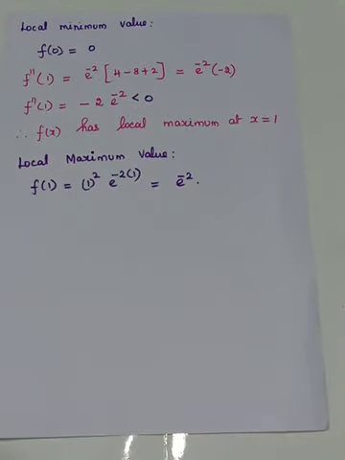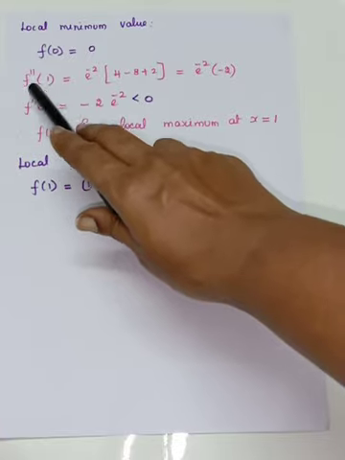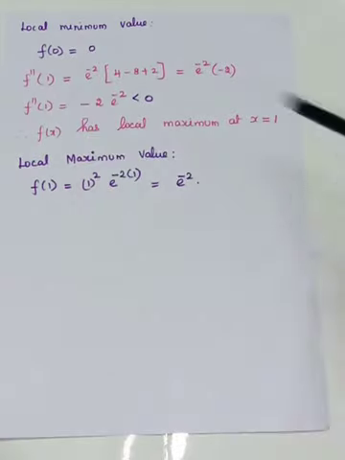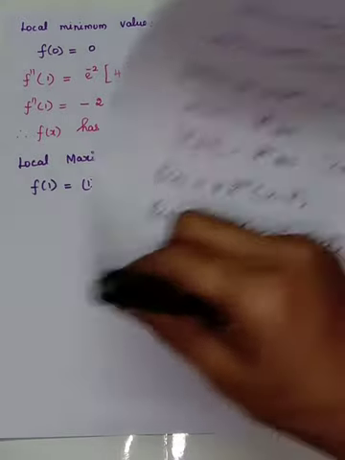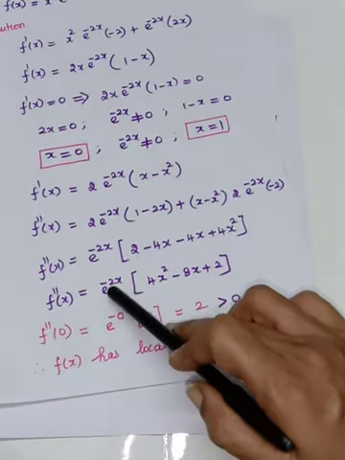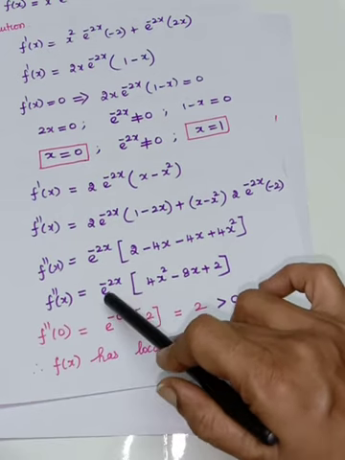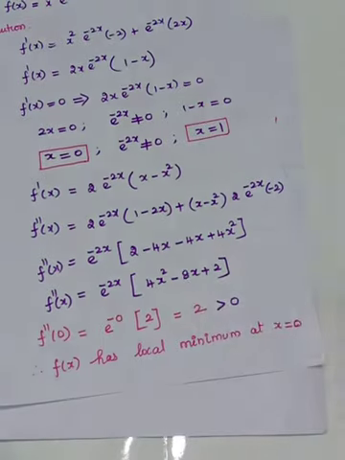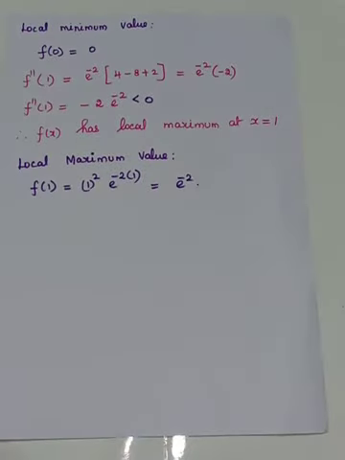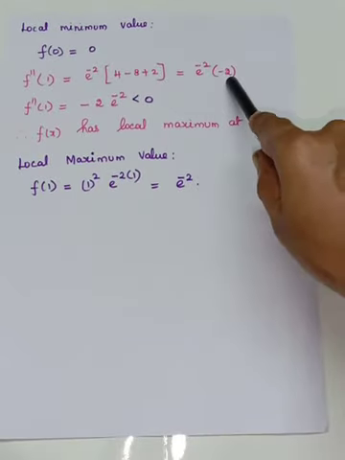So next point you have to substitute in the second derivative. So what is the next point? 1. So f double dash of 1 is equal to, you see that, what is your f double dash of x? It is e power minus 2x into 4x squared minus 8x plus 2. So here in the place of x you are going to substitute 1: e power minus 2 into 4 minus 8 plus 2. That I have written here. See now. So it is e power minus 2 into minus 2.